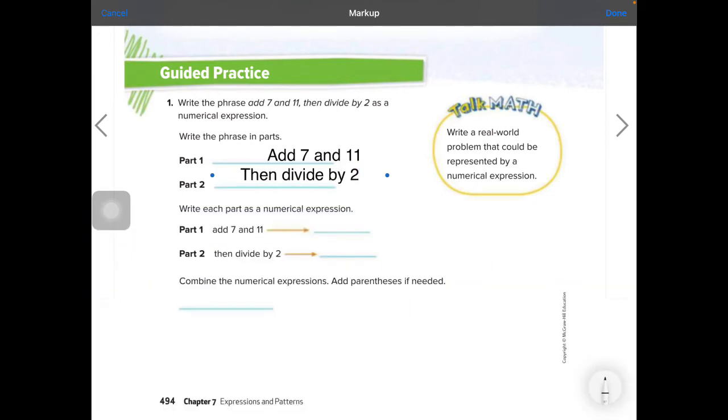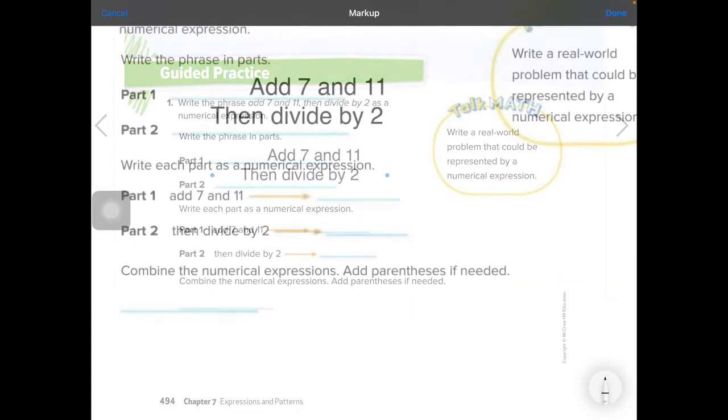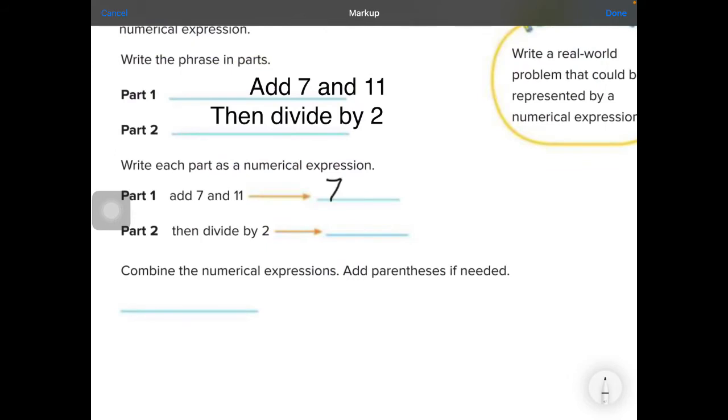Almost made a mistake and had to pay somebody some calcs cash. 7 plus 11. Then it says divide by 2, right? Because we have to have the 7 and 11 in its own special group, we need to separate them with parentheses. Then do divide by 2.